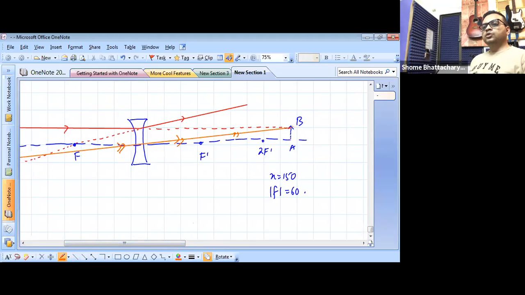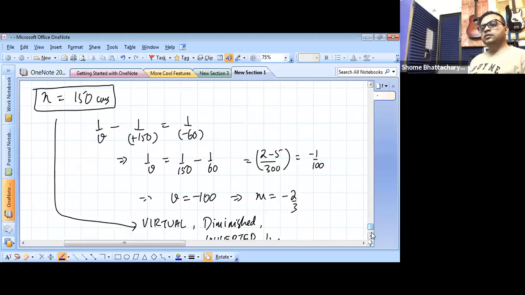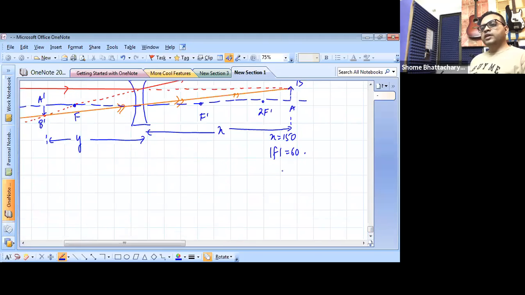So this virtual object B, its real image is formed over here. So this is my B prime. And if this distance was some y, in our calculation, how much did we get? 100. So this y came out to be 100.